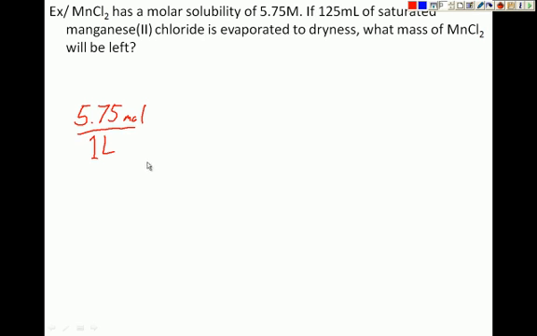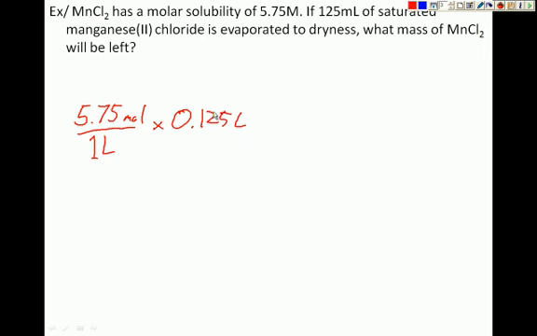And then you're going to multiply it by the amount of liters you have, so your liters will cancel. So you're going to multiply this by the amount of liters you have, which happens to be 0.125 liters from right up here.